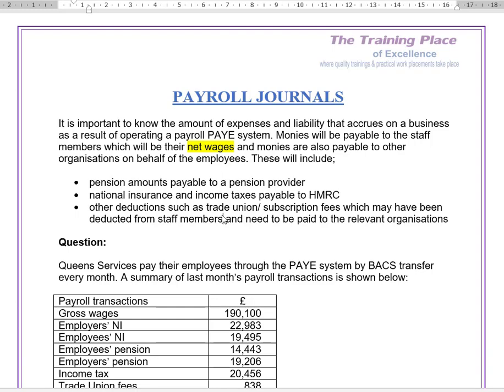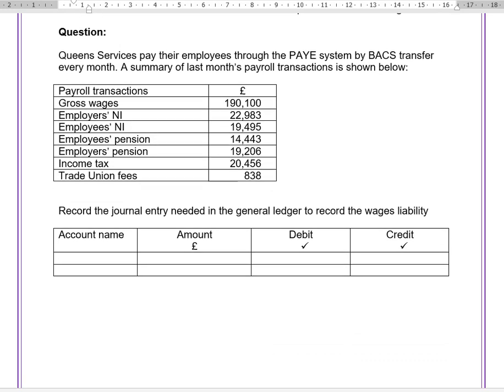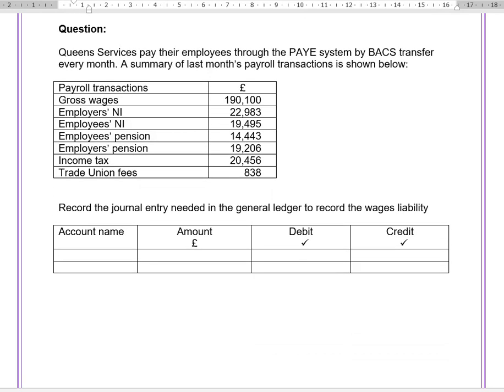The same thing with subscriptions and any other deductions that may have been made on behalf of the staff members that need to be paid to external bodies, and those are classed as other deductions as a whole amount, as opposed to dividing the different deductions to the different organizations. So we just class it together as other deductions for the cost of your AAT program.